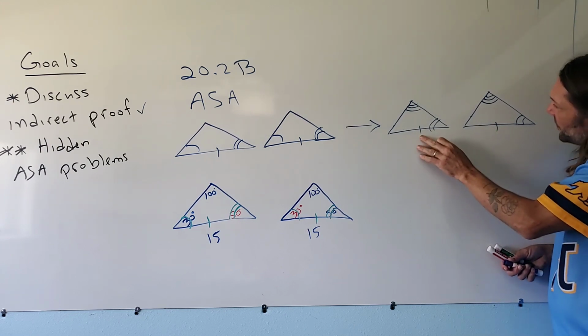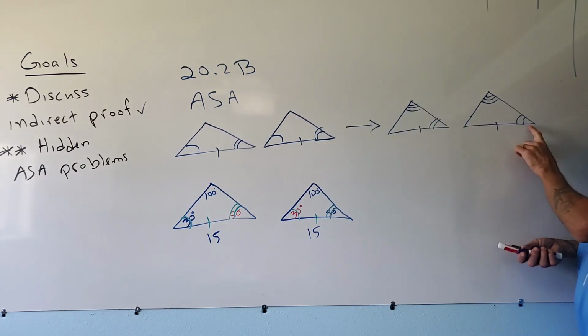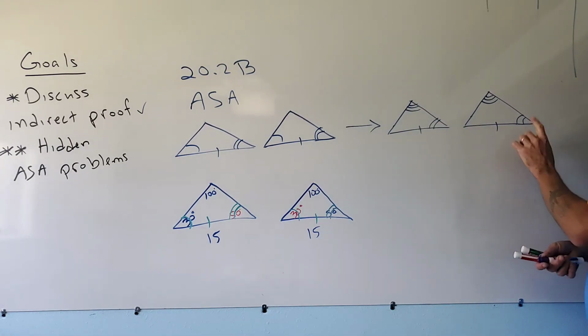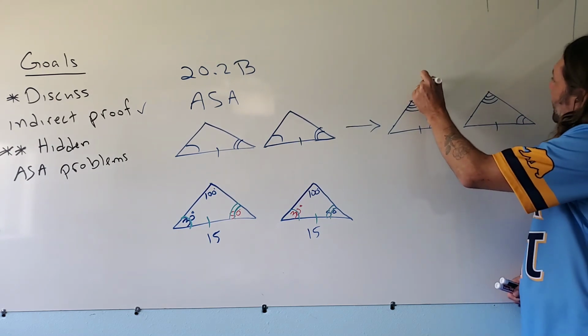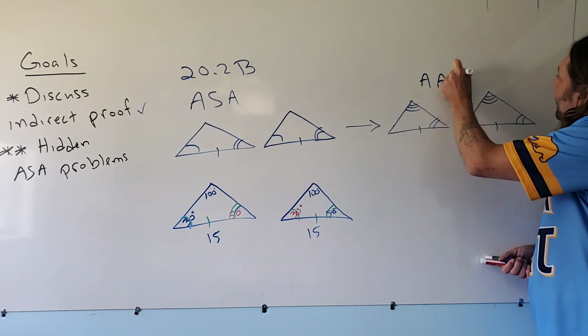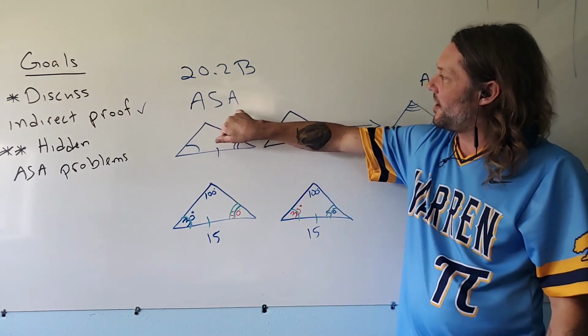Now notice this side is next to the angle with the 2 arc marks as well as this side. Okay? This is what we call angle, angle, side. Angle, angle, side literally is a variation of angle, side, angle.